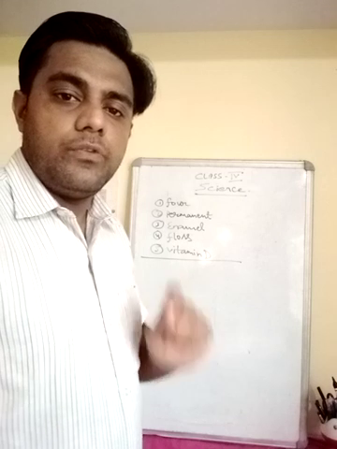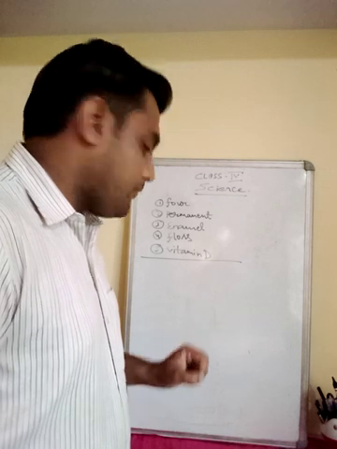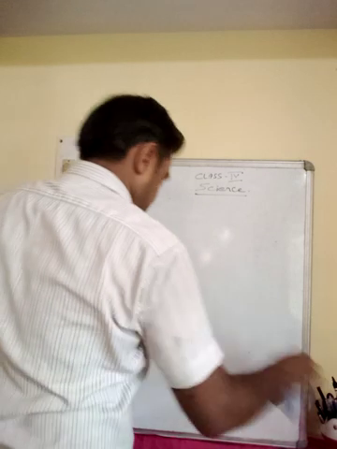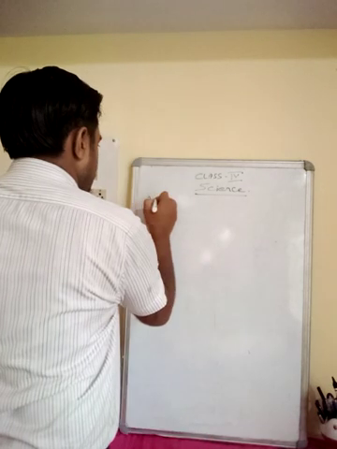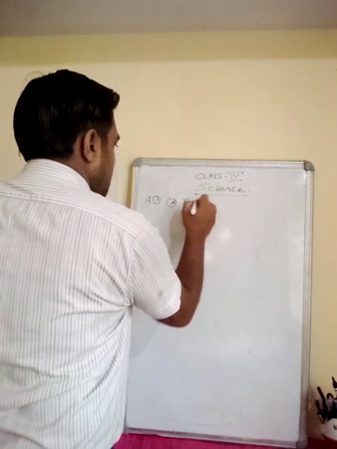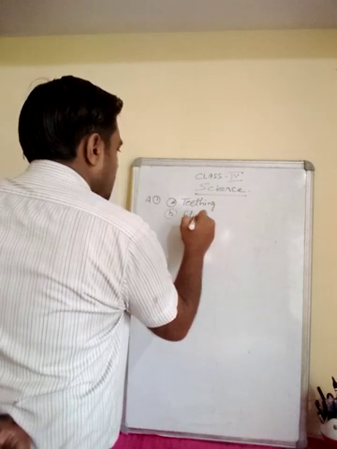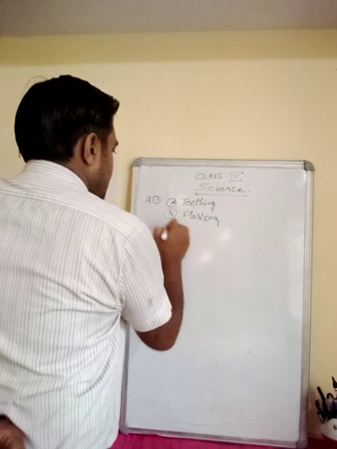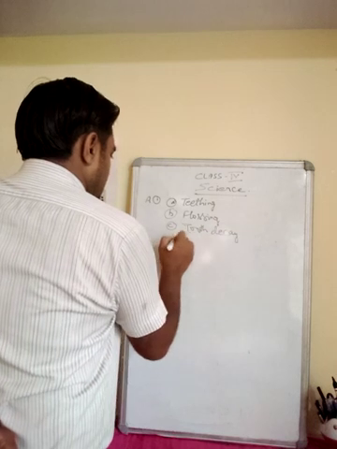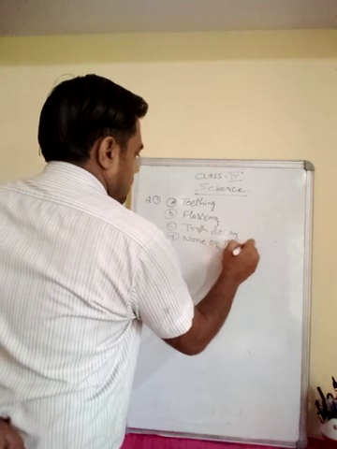But this one, what we will do is we will write the options also. Number 1, the process by which teeth emerge from gums. Your options are number A, teething, number B, flossing, number C, tooth decay, and number D, none of these.